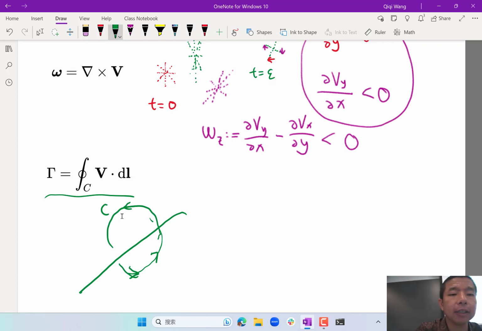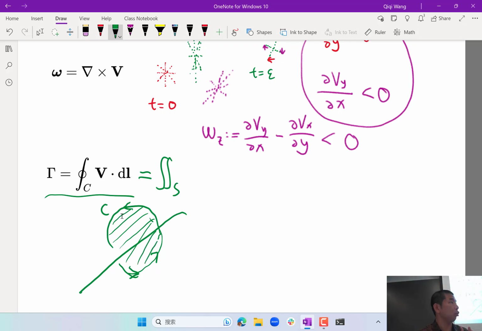And another nice thing about this is that by Stokes' theorem, you can say that this contour integral is equal to a surface integral, where S is any surface that fills this closed contour.